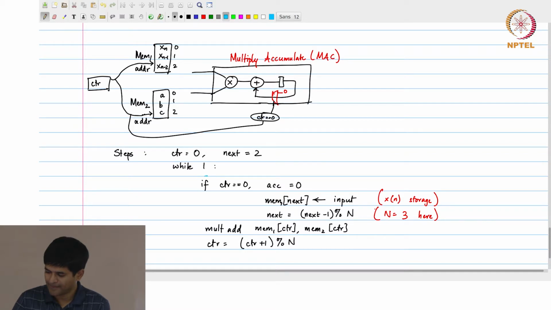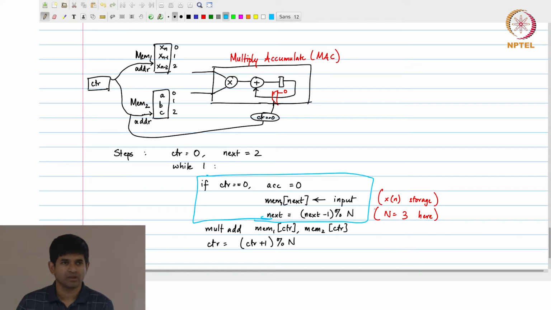This set of steps is trying to check, once in every 3 clock cycles, that is whenever the counter becomes equal to 0, there is some bookkeeping that needs to be done. What is the bookkeeping? Reset the accumulator to 0, load the new input into some location in memory, and change that location for the next time around.